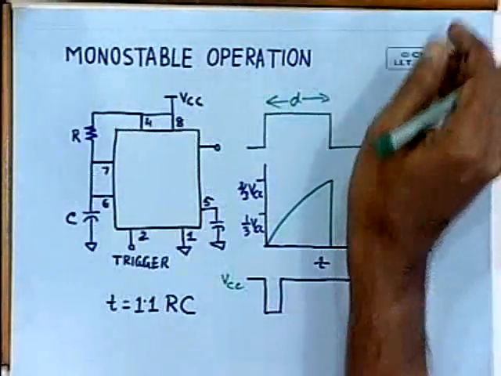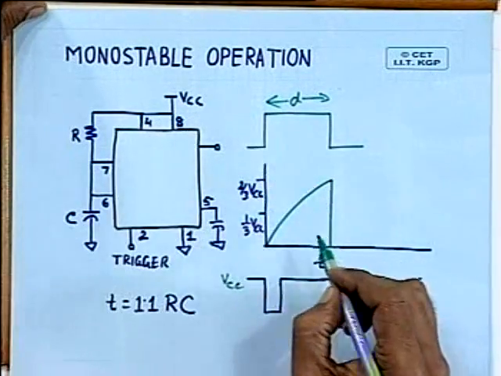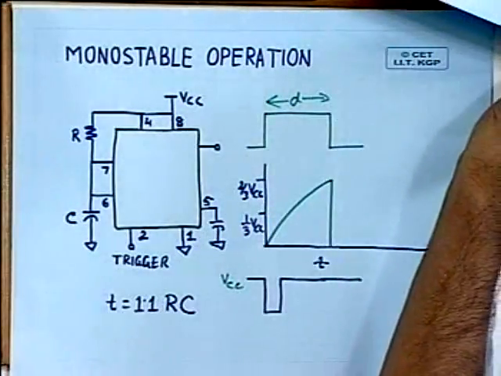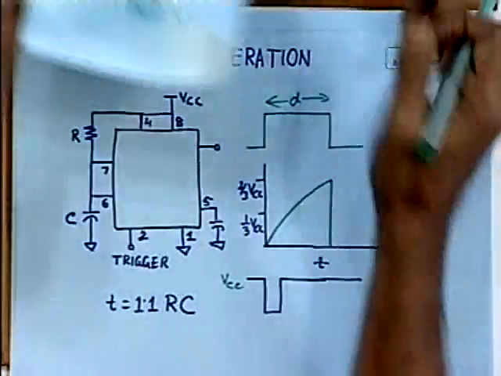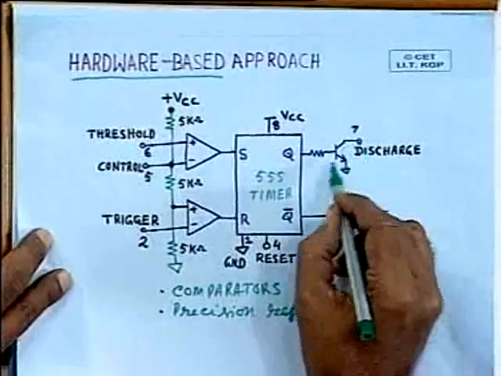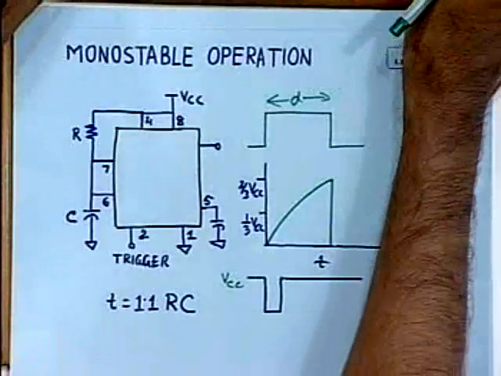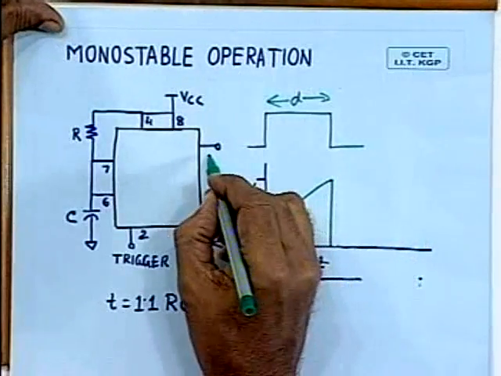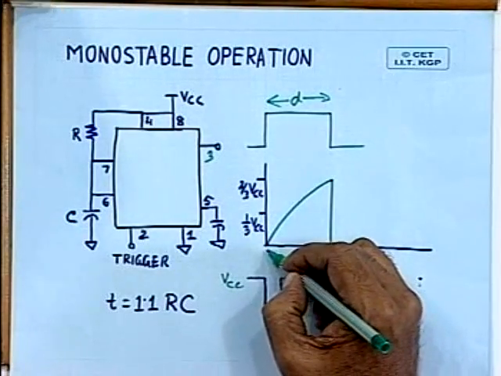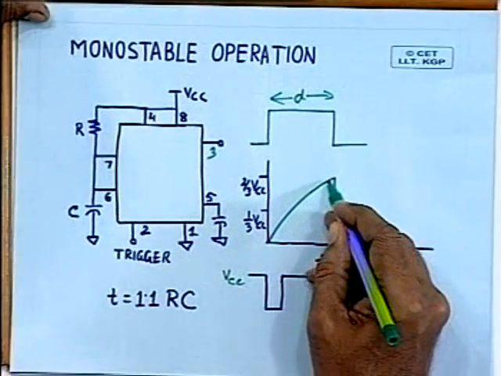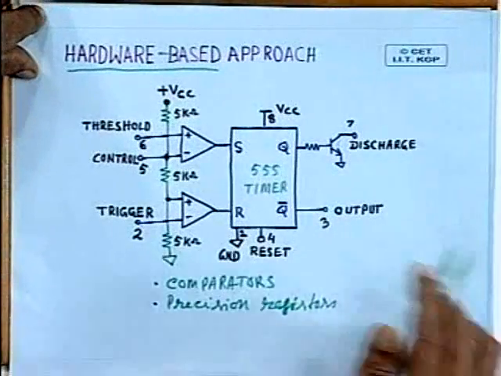So output is 0, and as output is 0, this transistor is off, and here you will get the output, which is taken from pin number 3. Now the capacitor starts charging, and as it reaches 2/3 of Vcc, again the same thing happens.